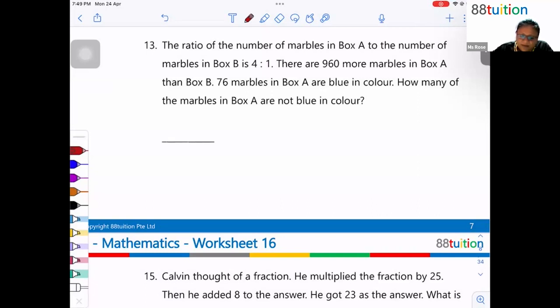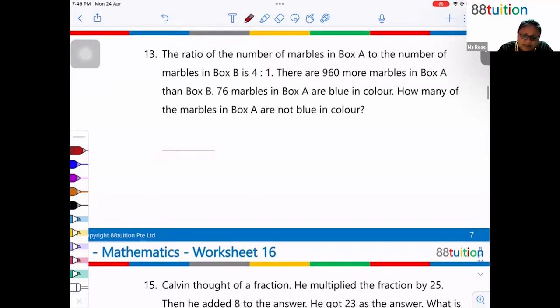All right, so let's look at question number 13. It says here the ratio of the number of marbles in box B to the number of marbles in box A is 4:1.